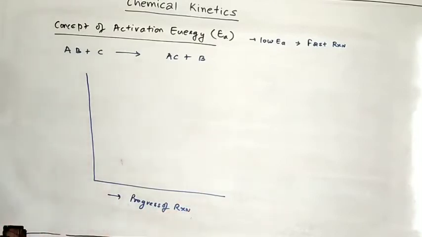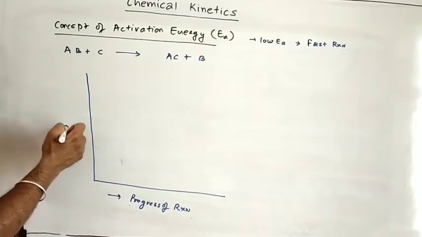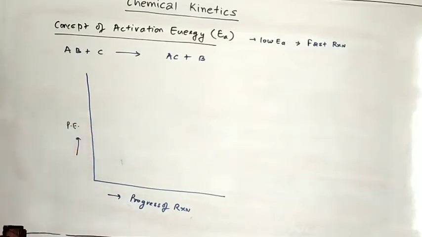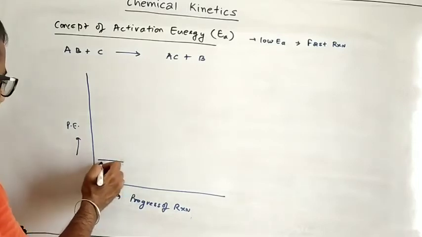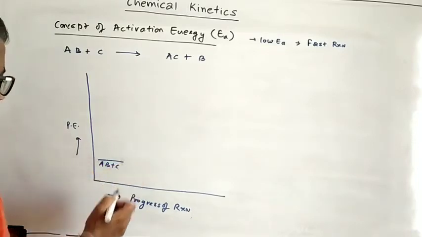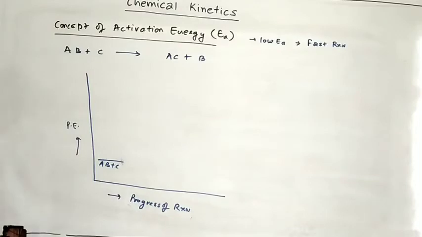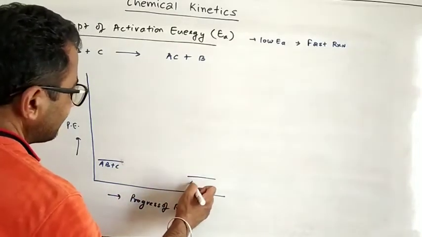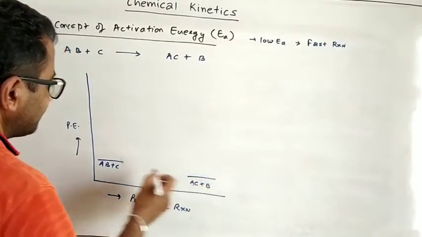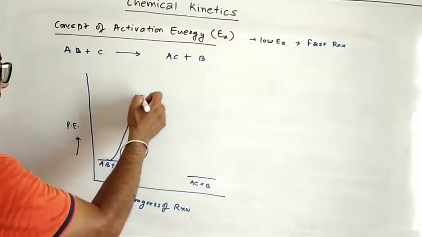You can say time, and in this side, we will say the potential energy. Here are the A, B plus C. They react to form AC plus B like this.